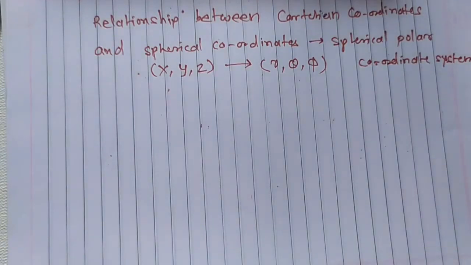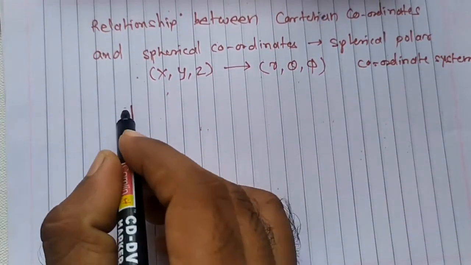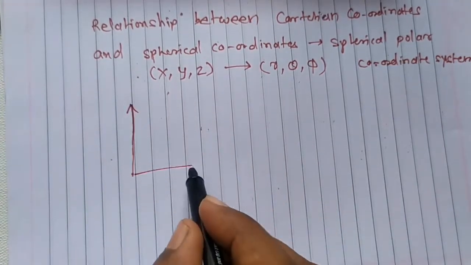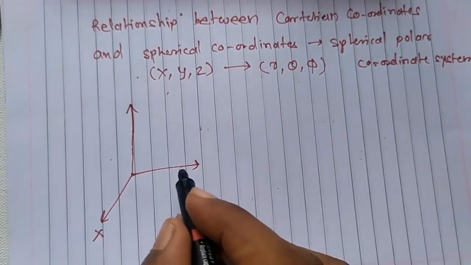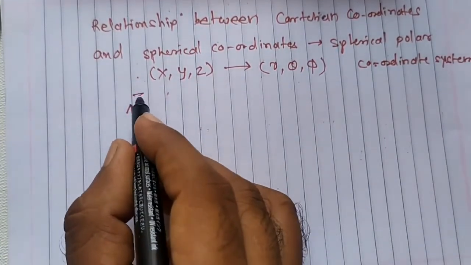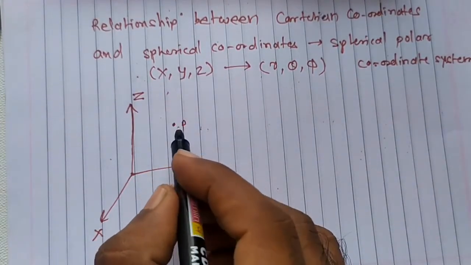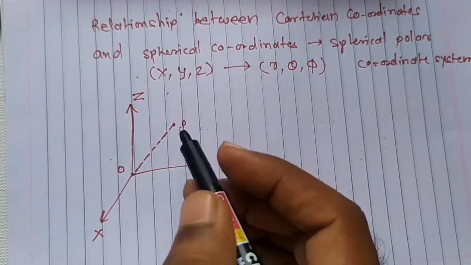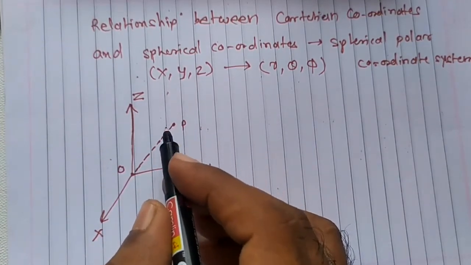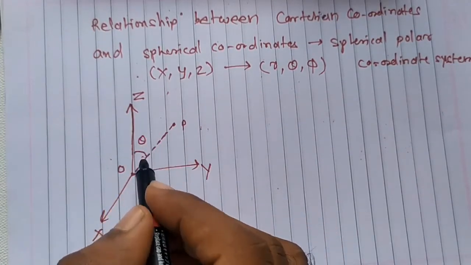Now I'm going to derive the relation between x, y, z and r, theta, phi. Again we have to draw a coordinate system. This is the x-axis, this is the y-axis, this is the z-axis. This is some point P in space. I'm joining this point to the origin O. Now you know this angle is theta.